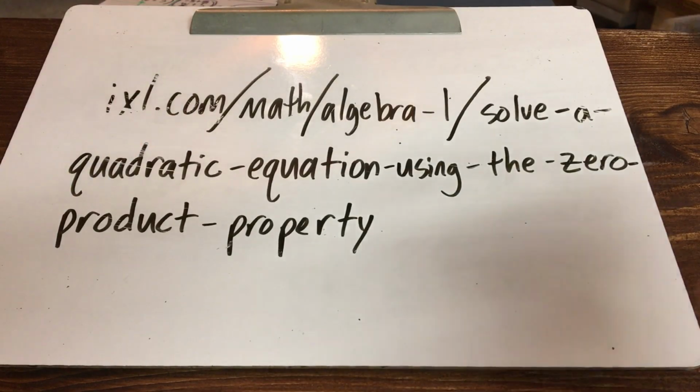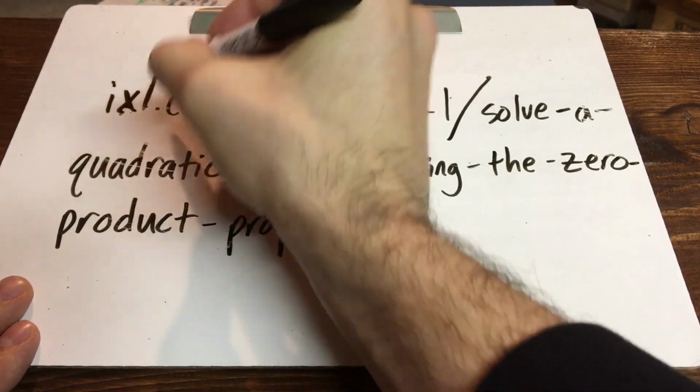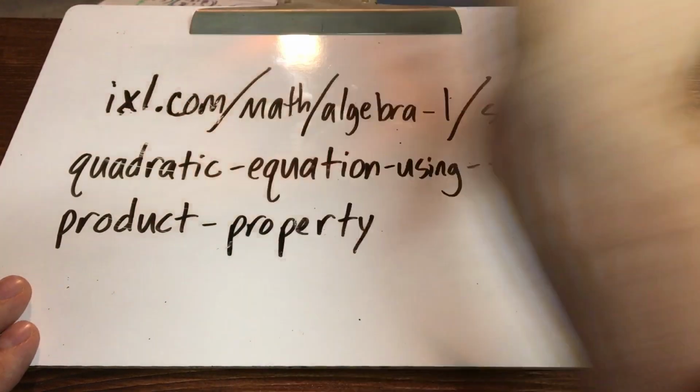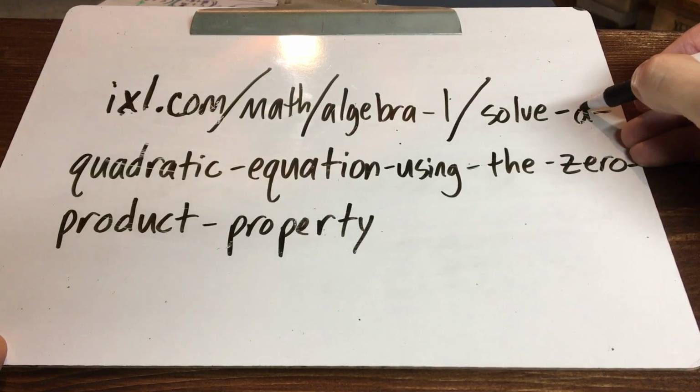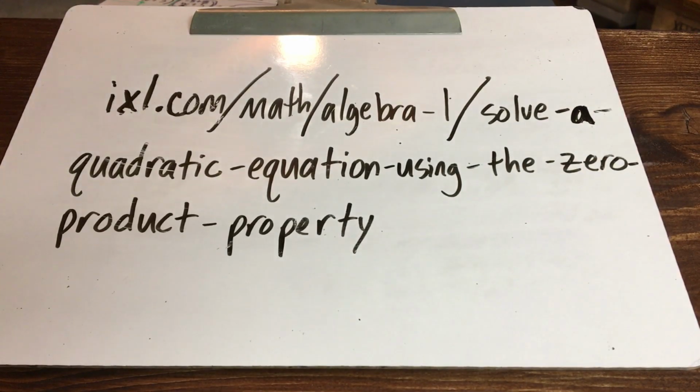Sorry, I had to extend it out into like 3 different lines here. When I stack these boards on top of each other, they lose a little bit of the marker, gets wiped off whenever I stack them up. But this is a website that I think will let you practice like 10 questions online. ixl.com/math/algebra. These are all hyphens, right?